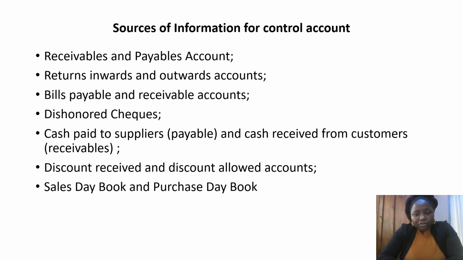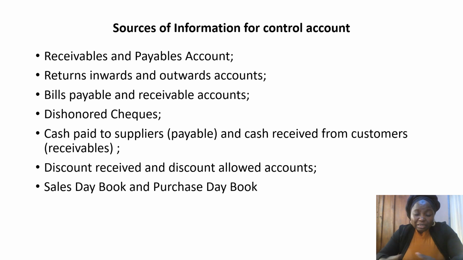Then cash received from customers. Somebody we have sold goods to on credit, if such person chooses to pay, then we set it off against his indebtedness with the company, so the balance will be reduced, or in most cases it can be settled at once. Then we have discounts received as well as discount allowed. When you buy in bulk or in large quantity, you stand the chance of enjoying certain discount.